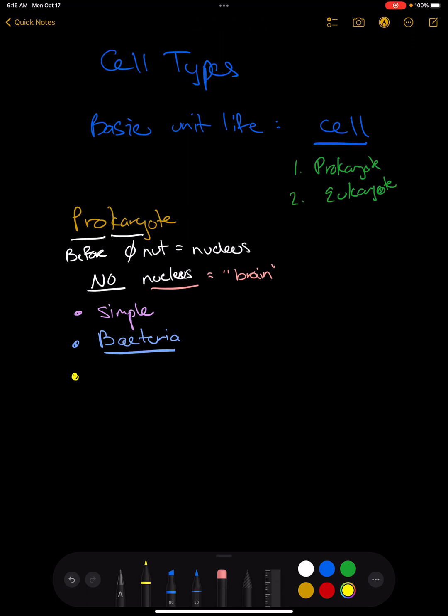So that means our bacteria are going to be very small, even smaller than other cells. And since they're so small, they actually are only one cell big. One cell big. And there's a fancy word for being one cell big. This is called unicellular, because uni means one, so this is a one-celled thing.